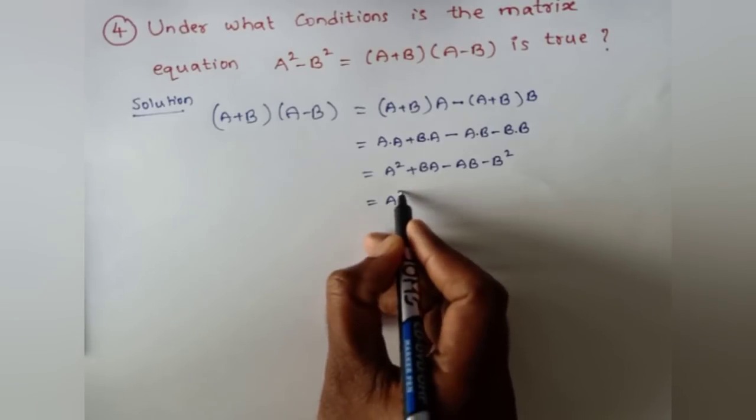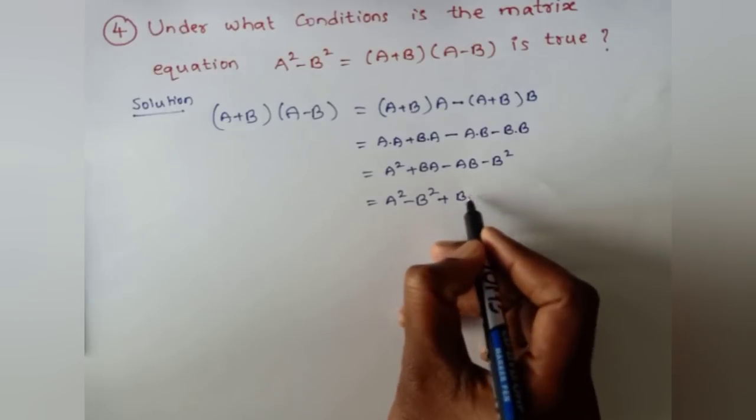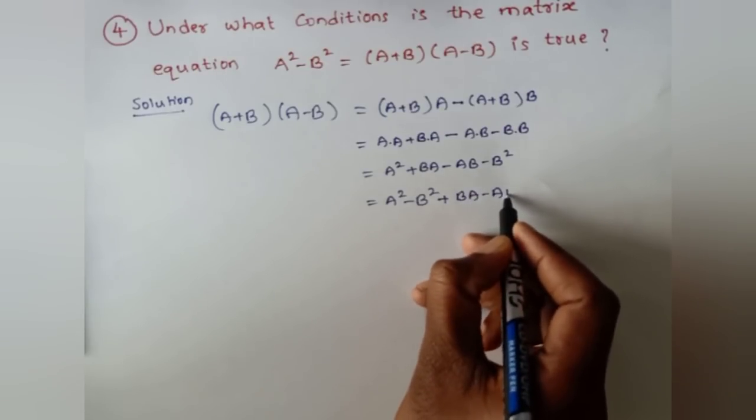So this is A square minus B square plus BA minus AB.